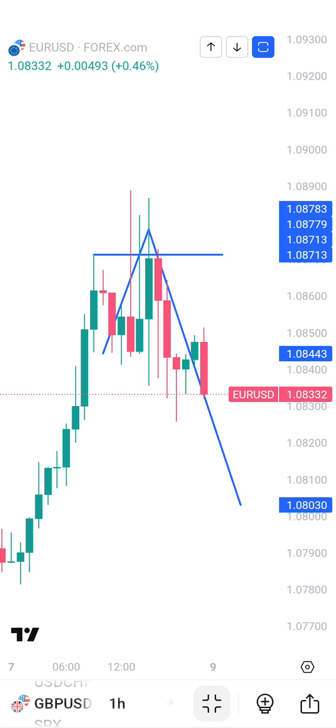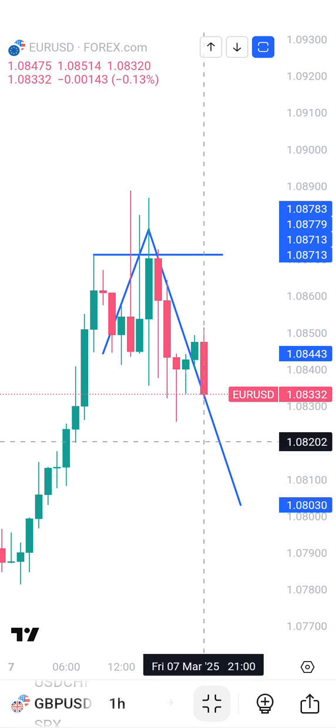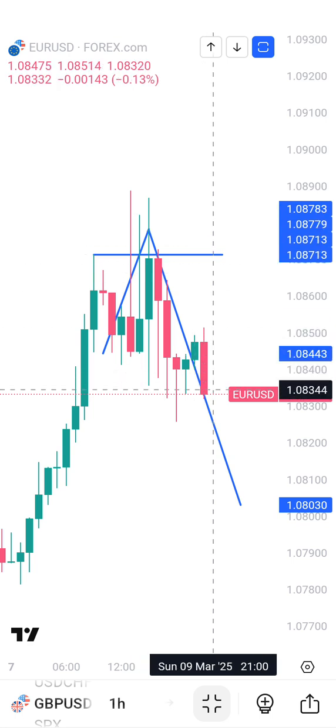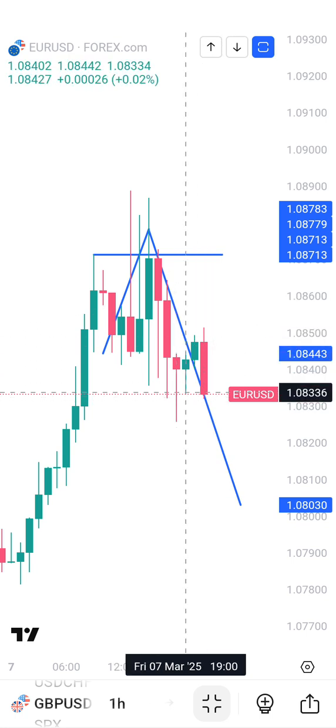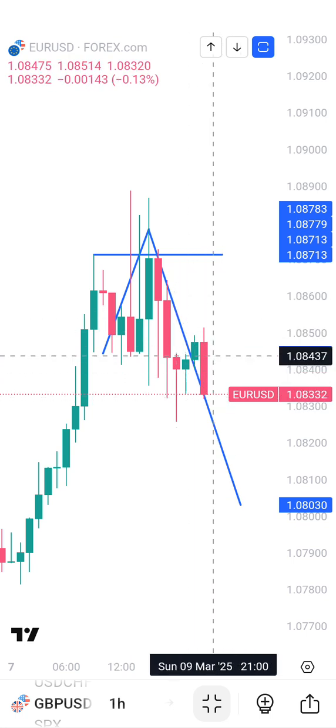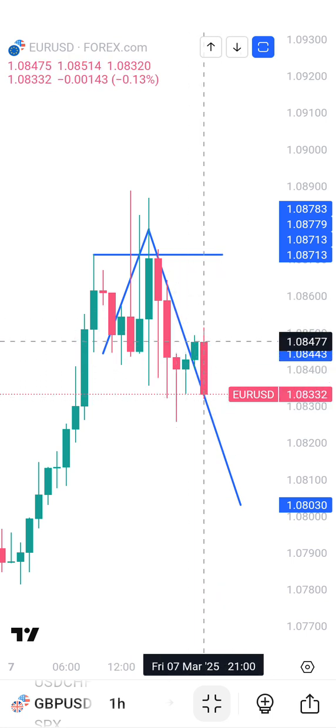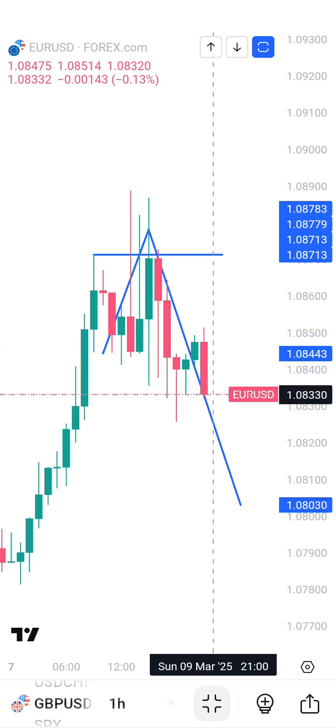So the only thing that will violate this setup to the upside is fundamentals. So make sure you watch out for your news, listen to the news, and see the decision. That decision will determine how the market will be moving. If the decision tells us that USD is stronger, what happens?